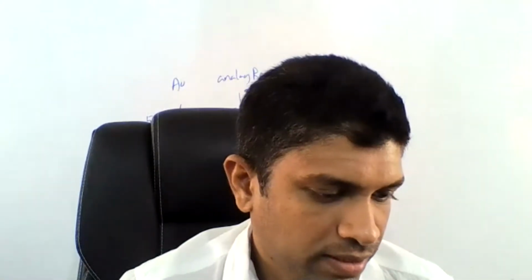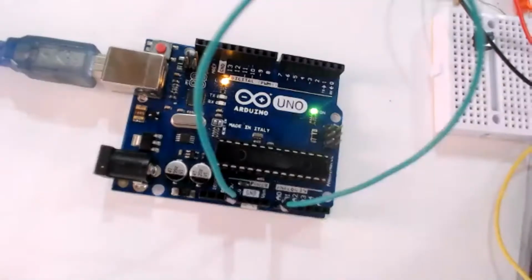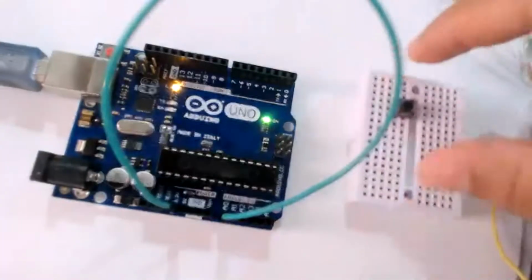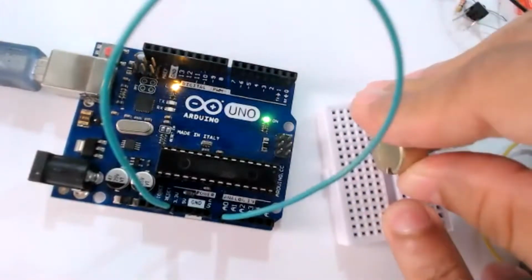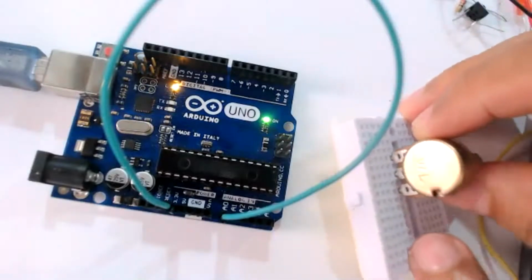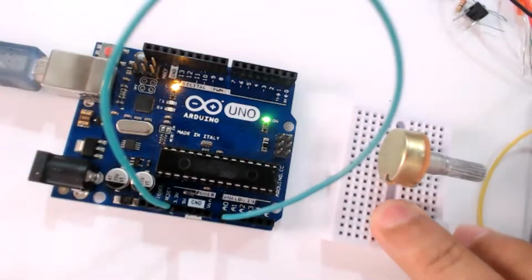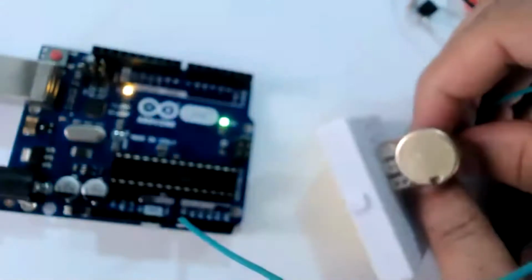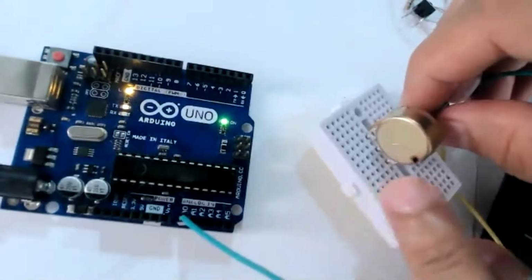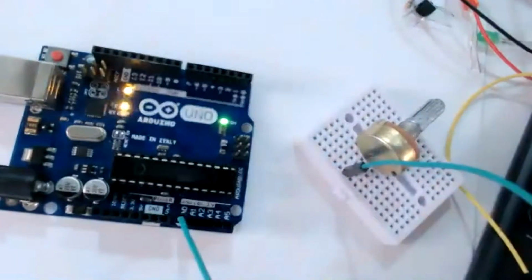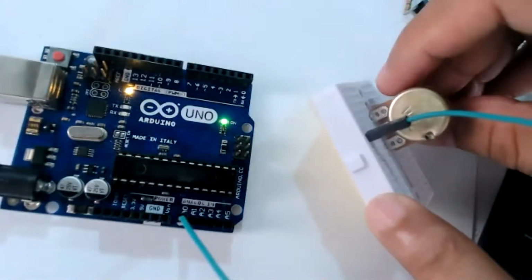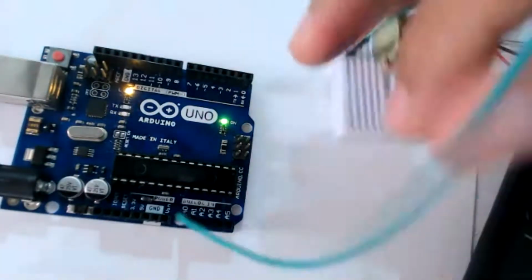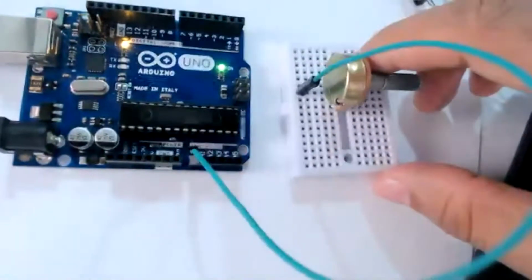So with this practical, we are going to use a variable resistor. I'm going to connect the variable resistor to the breadboard. The middle pin, the middle voltage, is connected to analog pin 0.